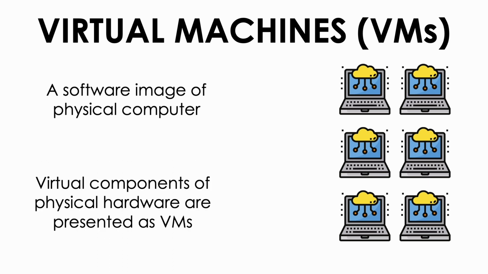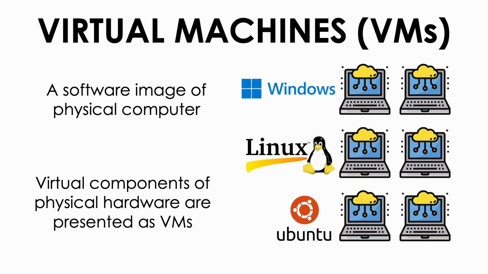The hypervisor represents the smaller virtual components that have been carved up from the physical server, and they're presented to us as these virtual machines. These virtual machines are essentially a program that's running on some physical server somewhere, but they emulate real machines to us, the customer. Each virtual machine can thus have its own operating system and sets of applications.